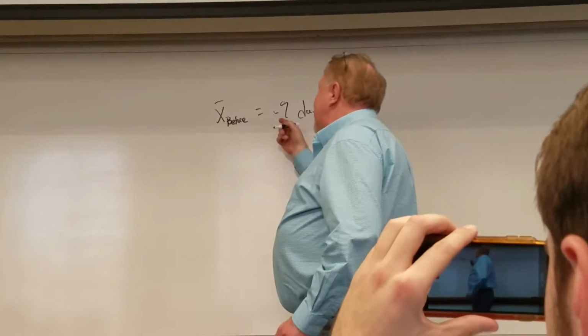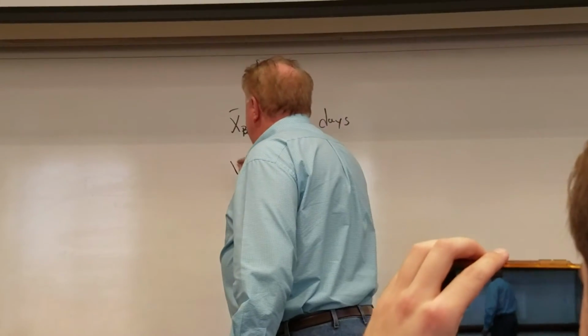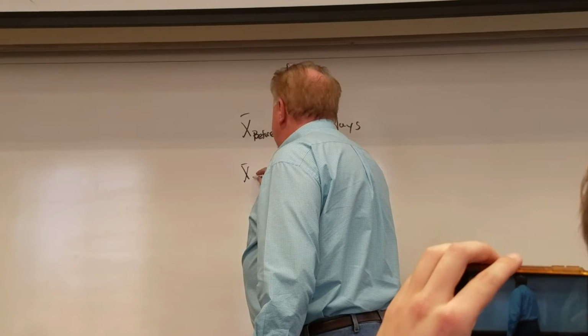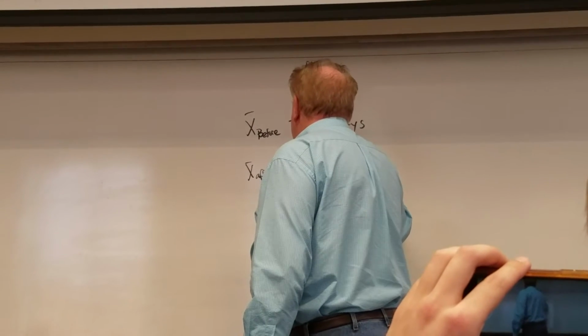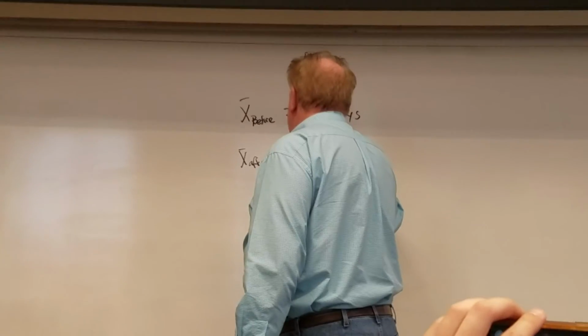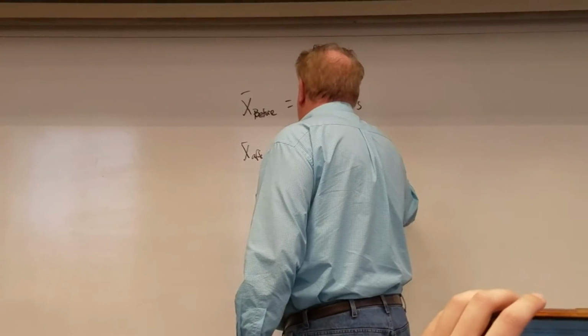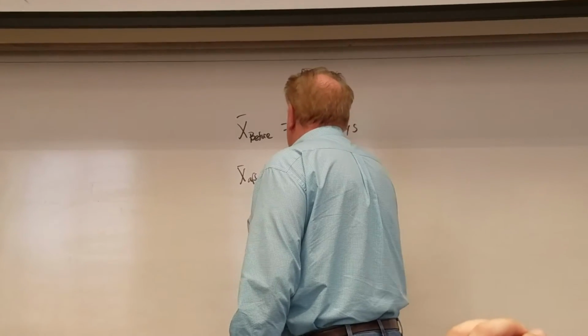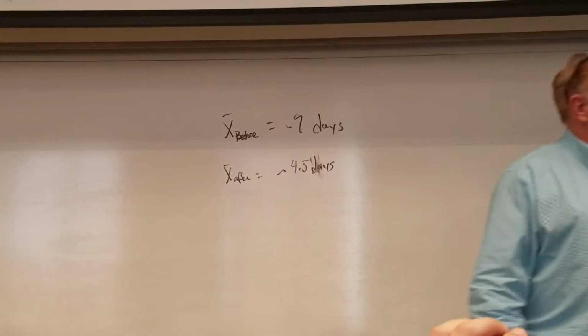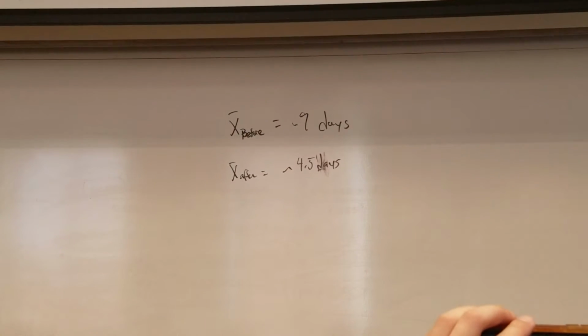So take half of that off. So I wanted the X bar after to be 4.5 days. I wanted to show that I was able to cut it by 50%. That's what our goal was.